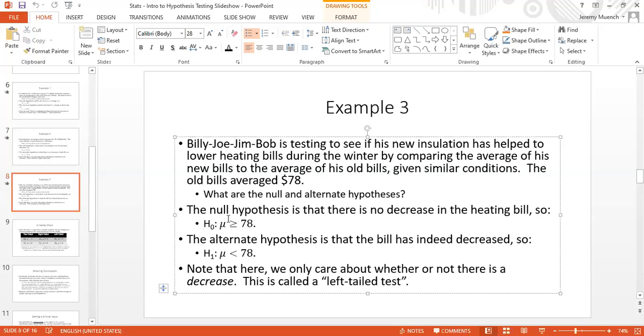But what happens here is we say, okay, great, the null is that the mean is still 78 or even higher than 78. The alternate hypothesis is that the bill has indeed decreased. So the new mean is below $78. Neat. So again, the thing that we're trying to test represents our alternate hypothesis.